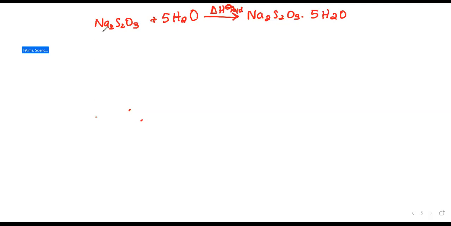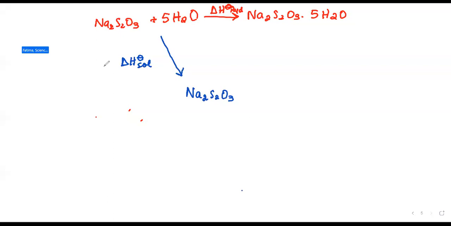Why don't I go ahead and take my sodium thiosulfate and water, and I don't need to worry about making a crystal. Why don't I go ahead and make it into a solution? Why don't I make a solution of sodium thiosulfate? This will be what? Enthalpy change of solution, because I am dissolving one solute into my water.